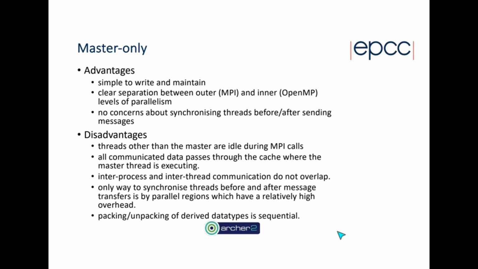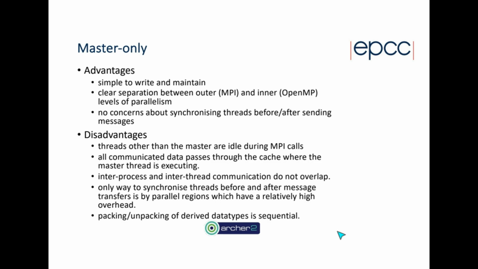happening. Because when you call the MPI library, it's typically reading and writing the data that's in the message buffers at some point. Then it means that all the communicated data gets cycled through the cache where the master thread is executing.